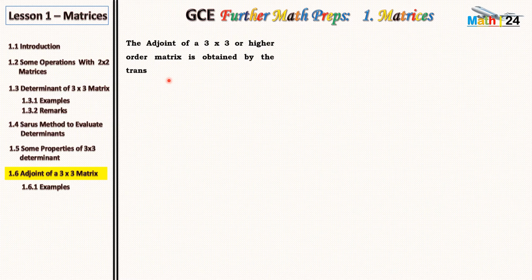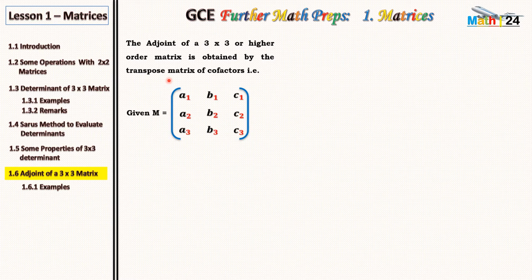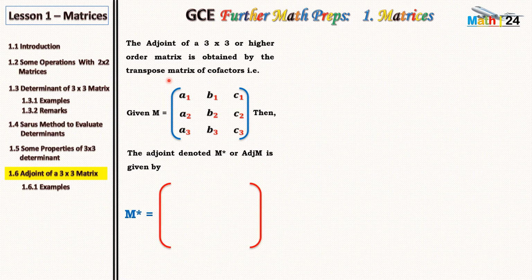The adjoint of a 3 by 3 or higher order matrix is obtained by the transpose matrix of cofactors. That is, given the matrix M with entries A1, B1, C1, A2, B2, C2, A3, B3, C3, then the adjoint is denoted M star or adj M, and it is given by the transpose matrix of the cofactors, where the cofactor of A1 is A1, of B subscript 1 is that.